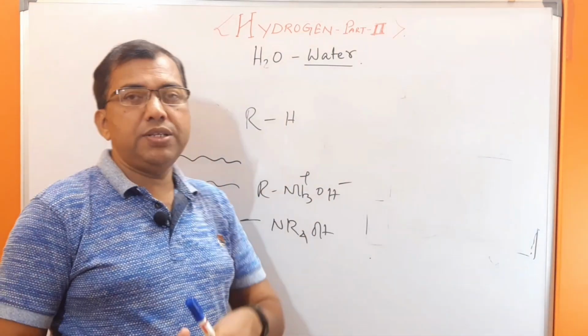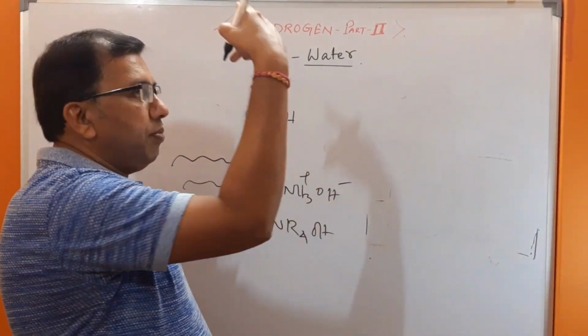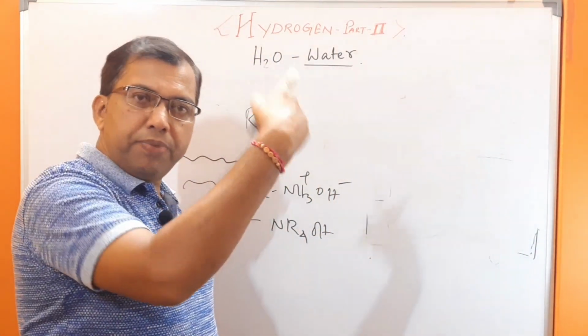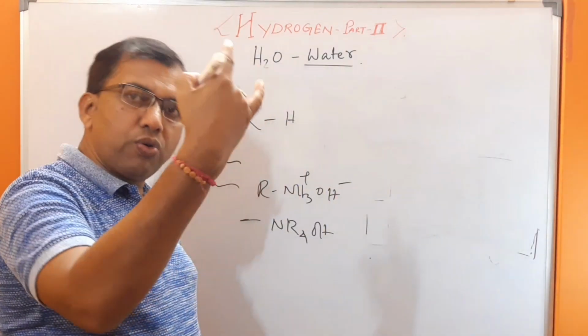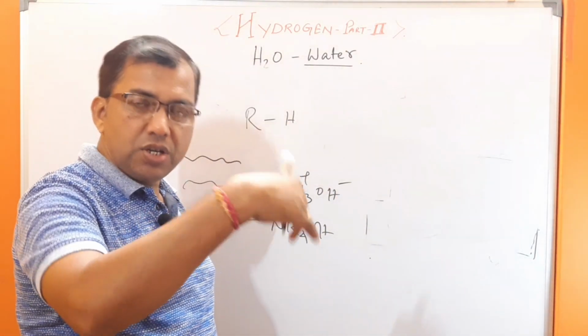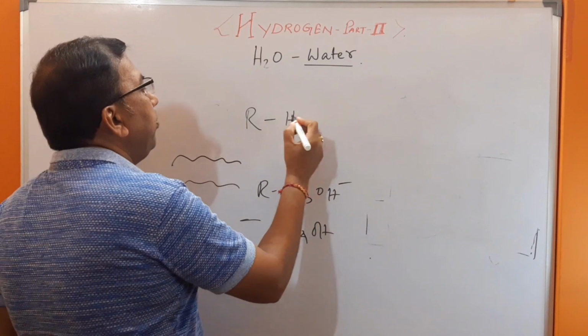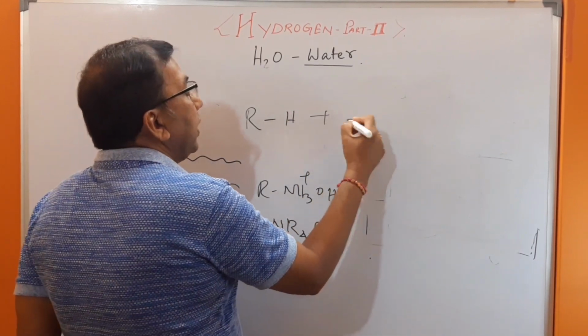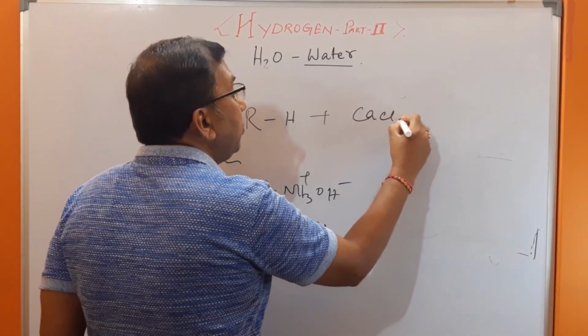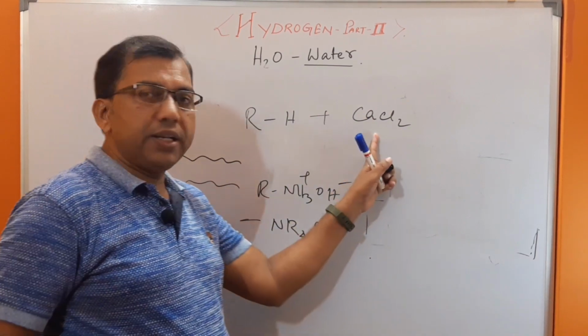What is RH? Suppose it is the permanent hardness, that means chloride or sulfate of magnesium and calcium. That means RH plus calcium chloride, CaCl2. This is the permanent hardness.